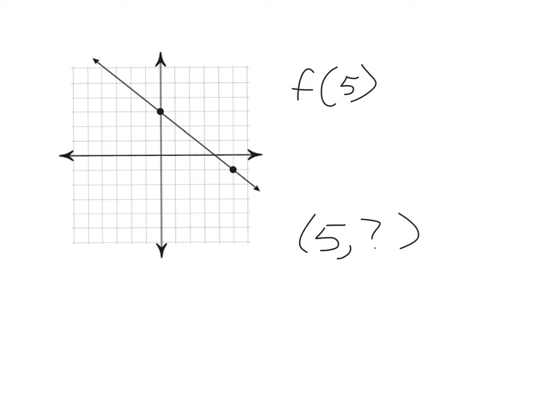Well, you look up here on the x-axis and you go 1, 2, 3, 4, 5, and you go down and you see that this graph intersects at -1. When x is 5, the y is -1. So therefore, we understand that f of 5 equals -1.